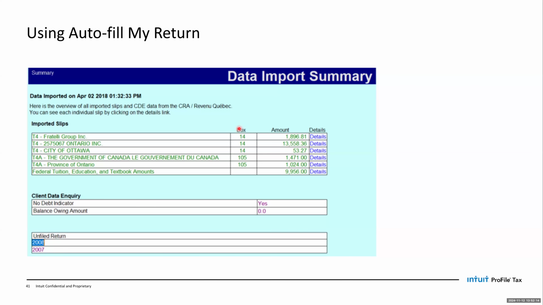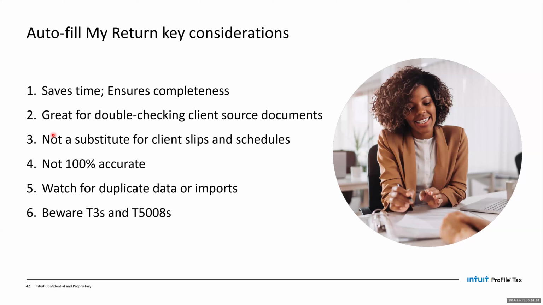So you want to double check to make sure that we are complete with the information. Sometimes clients forget to give us a T-slip, a T3 or T5 usually. And then you go to CRA's website and oh, all of a sudden there's some T5s there. And so working together with the actual slips and CRA, you get a much more complete picture of that client situation.